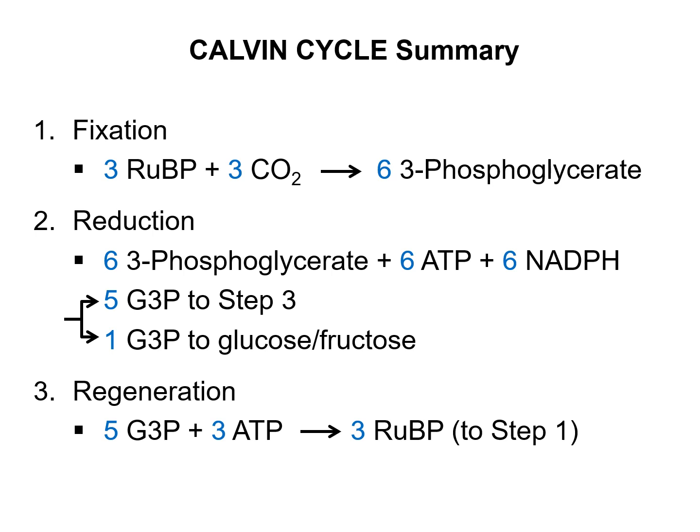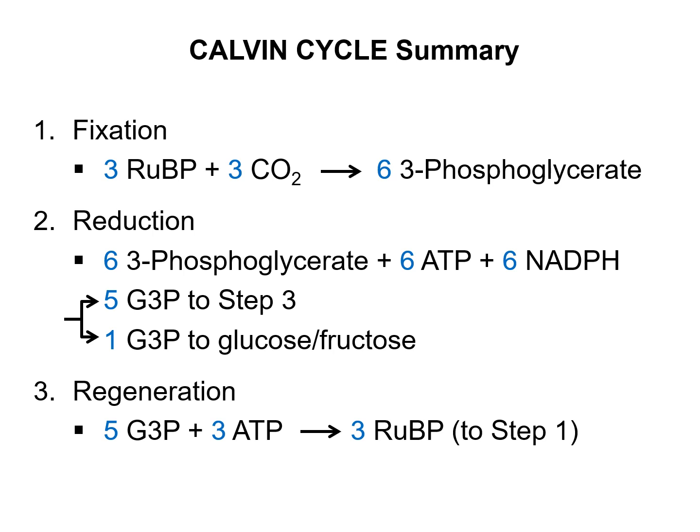And out of these 6 molecules of glyceraldehyde 3-phosphate, 5 molecules will proceed into the regeneration phase. Meanwhile, the remaining 1 molecule of glyceraldehyde 3-phosphate will exit the cycle to form glucose.